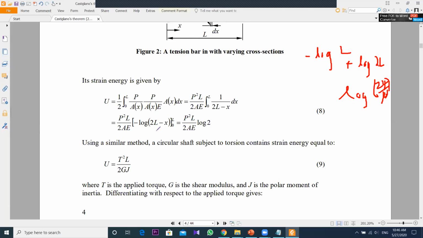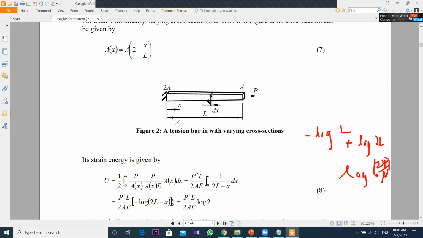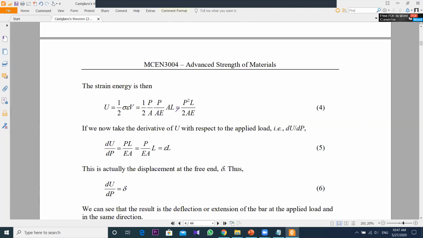So you can see here, we had the limit in here, but if you don't have a limit, you need to use the integrations. I will show you again in the presentation. This is the general format. If the variable is constant, you need to use this kind of equation.